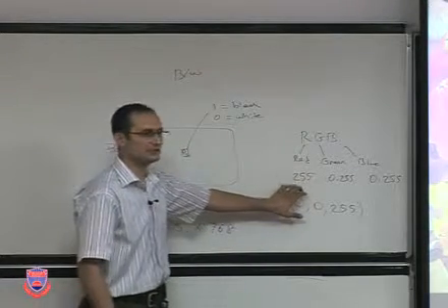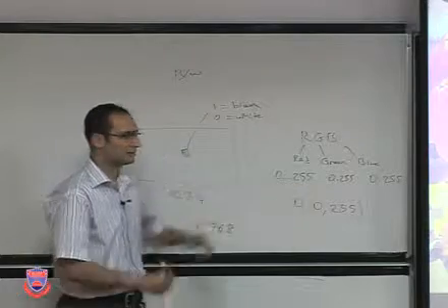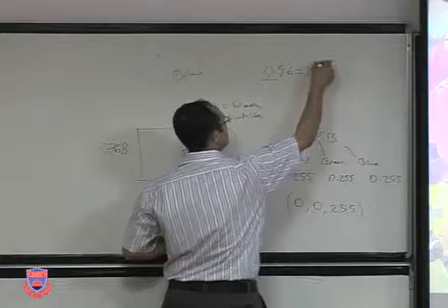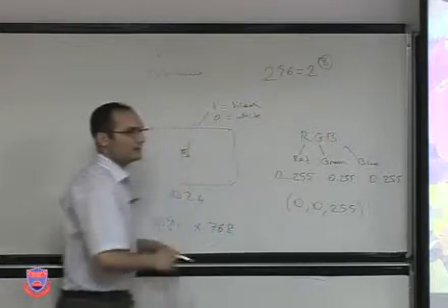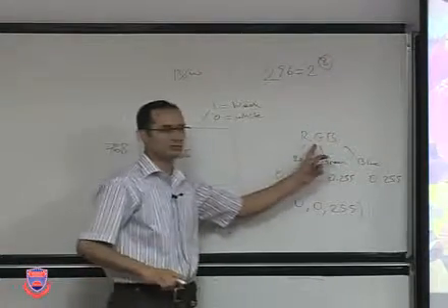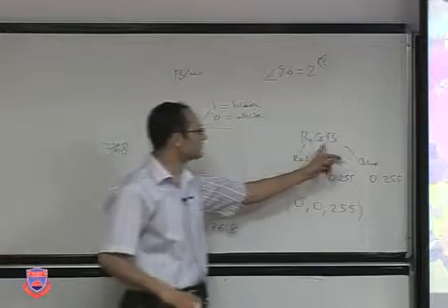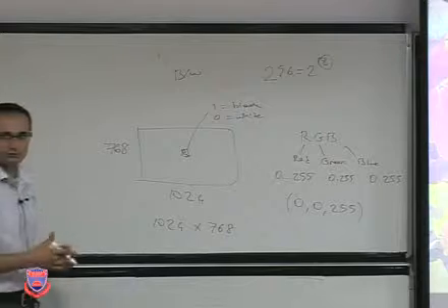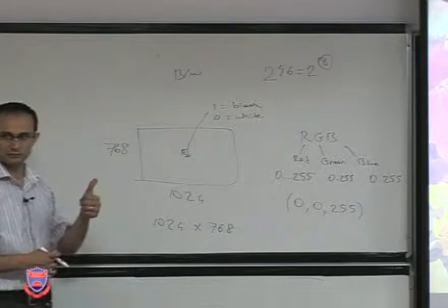Since there are 256 different options, you have 256 equals 2 to the 8. So I need to have 8 bits to represent my red, 8 bits to represent the green, and 8 bits to represent the blue. So I will have in total 24 bits to represent each pixel value.